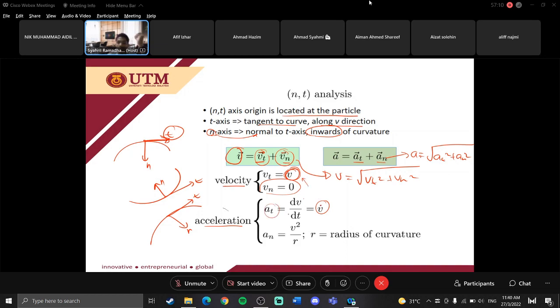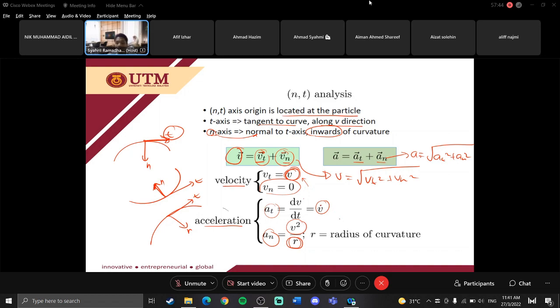Then you have another acceleration that is related to the normal axis, which is the normal acceleration. This normal acceleration is related to v also, but with the radius of curvature. Because normal refers to the curvature shape and is always inward, you need to consider the radius of curvature and also this velocity.